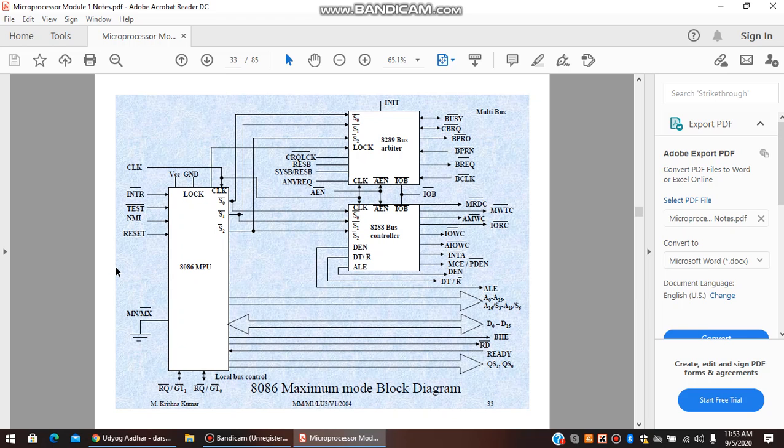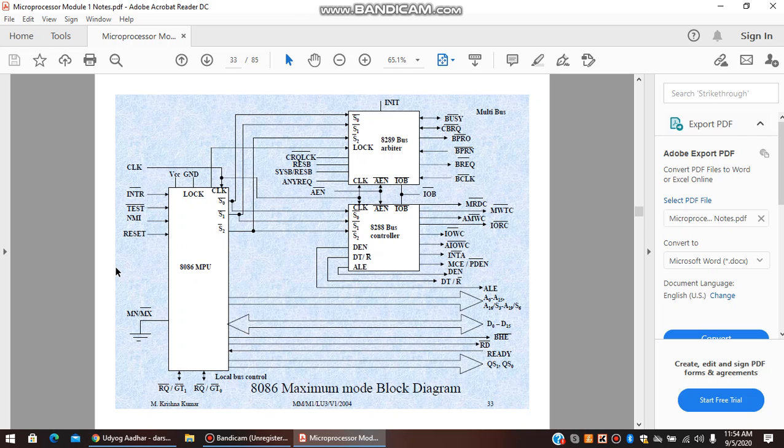Now, the last part is that the HOLD and HLDA pins of minimum mode are replaced by the RQ/GT0 and RQ/GT1 pins. They are nothing but request and grant pins. They work very similarly to HOLD and HLDA, but they also have priority, unlike HOLD and HLDA. HOLD does not have priority; any peripheral which first gets access is going to use it.